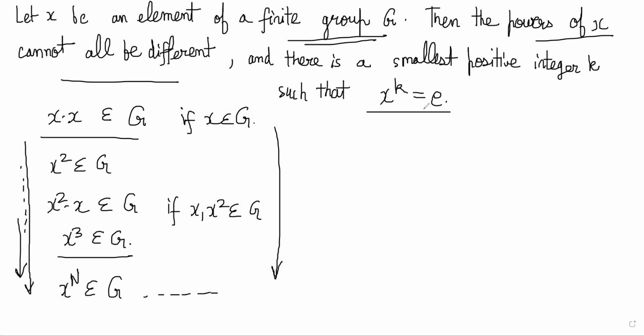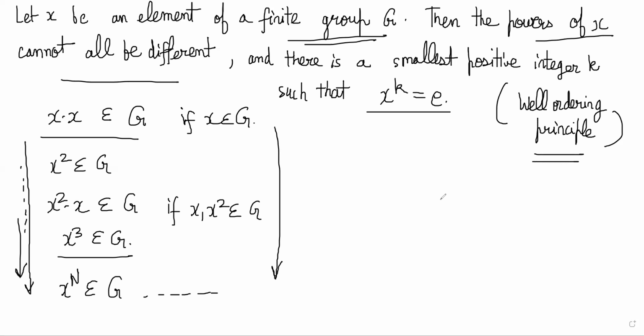Now this is basically happening by the well ordering principle. Since the powers are not all different, then there will be some power which will become same as the identity element. X power k will be e, and after that the powers of the elements will keep repeating, right?